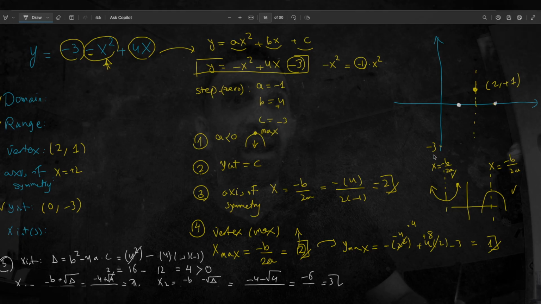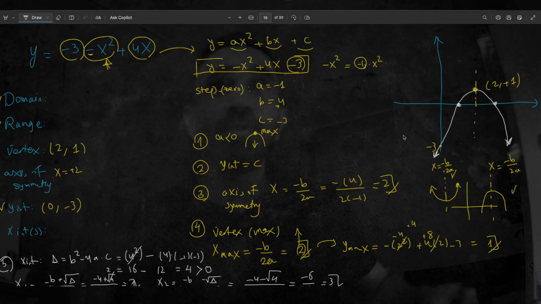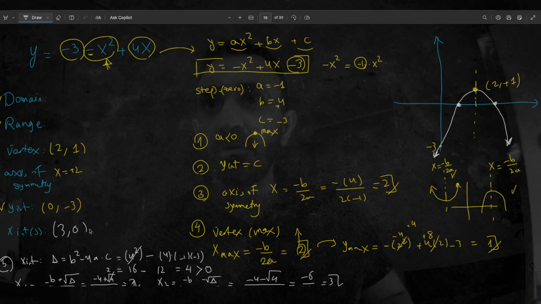So your graph has a form like this. Okay, this is the graph of your curve. Now we're going to check the answer, but before checking, let me complete the table here. So (3, 0) and (1, 0) are the x-intercepts.